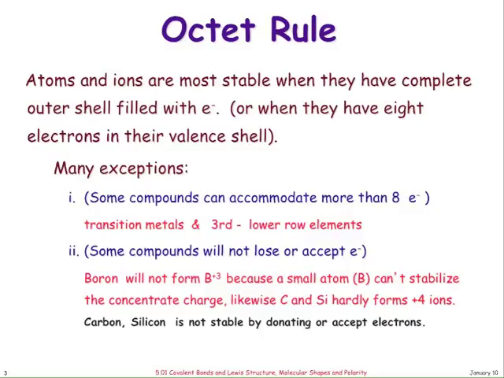Sometimes atoms will not have the full 8, and they're perfectly stable with 6 or 4. But for the most part, what drives a chemical reaction, what drives these products to form, is the fact that they want to have the same number of electrons as a noble gas.